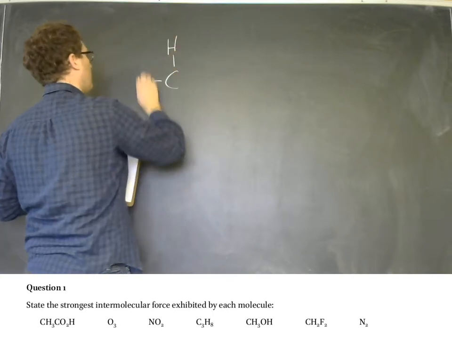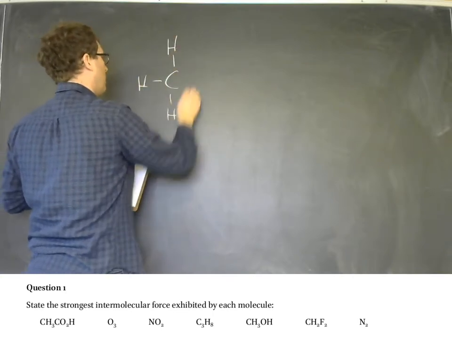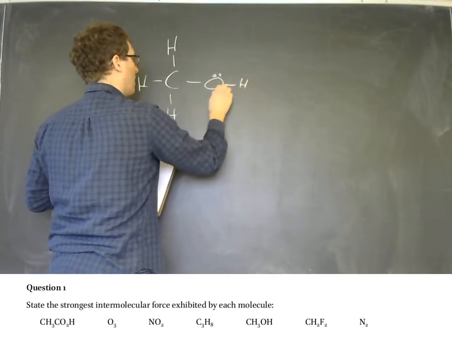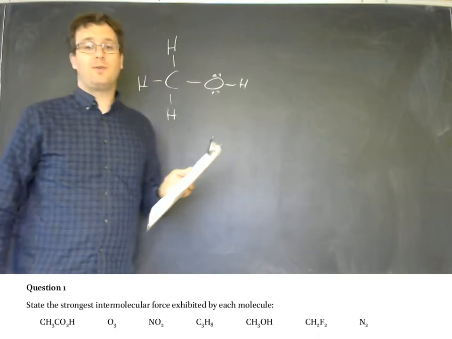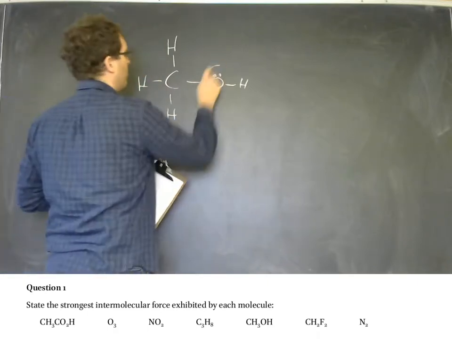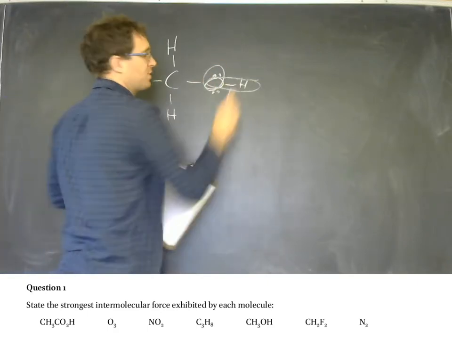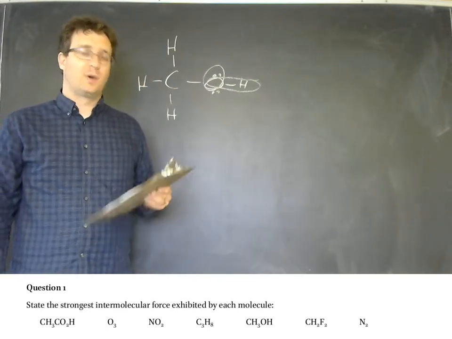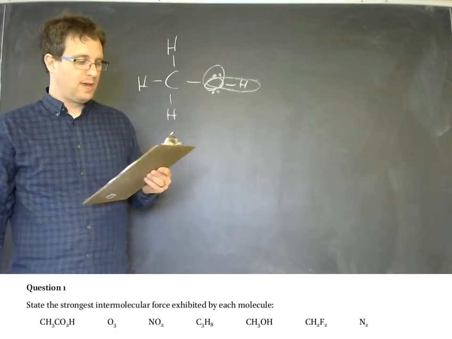CH3OH is a methanol molecule, and again we've got a lone pair on an oxygen, we've got a hydrogen bonded to an oxygen, and so hydrogen bonding is what methanol will exhibit.